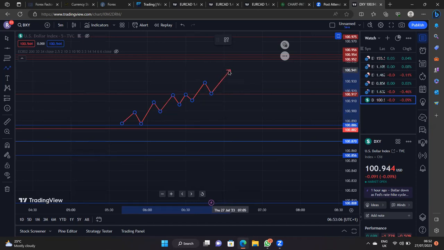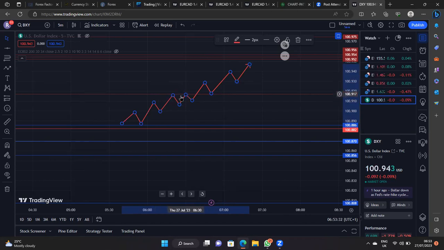So for zones that retest price more than twice, three times, there's every possibility that the next touch on that particular zone is going to drop from that zone. So this is what we mean by zones broken, and then they come back there. This is what we're talking about when we say the previous support could be the next resistance, and the previous resistance could be the next support.